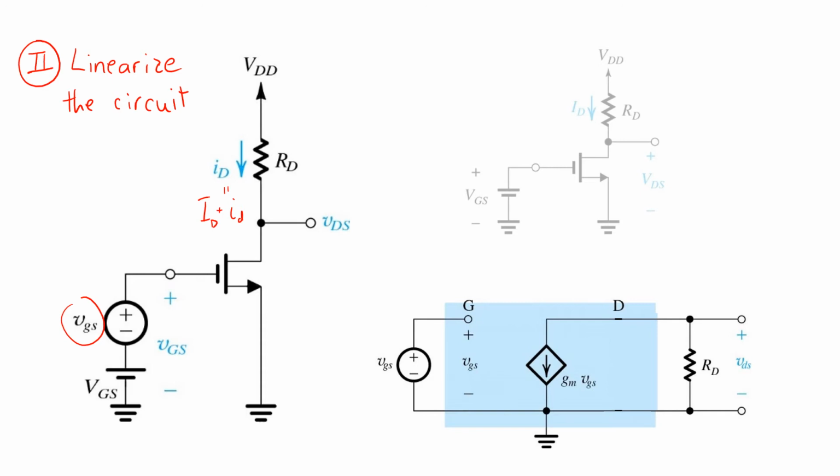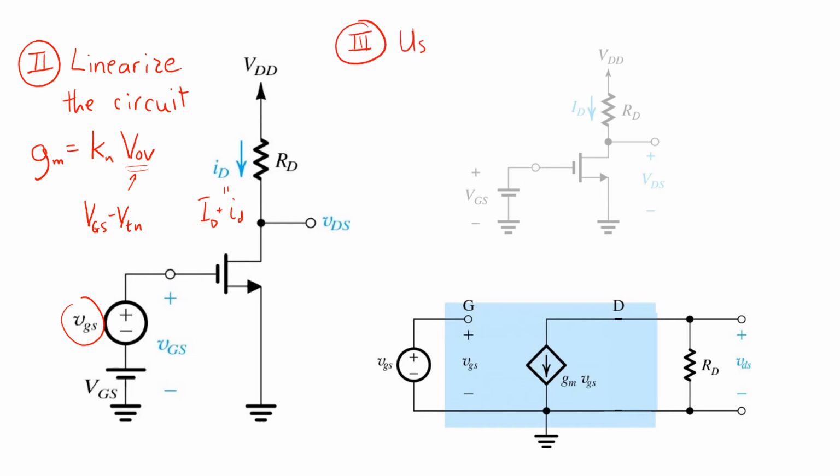So linearizing the circuit in this case really just boils down to finding lowercase gm. Remember, we showed that it's Kn times VOV. So having solved for the operating point, we know VOV. In this case, it's pretty trivial. It's just VGS minus VTN, and we find gm.